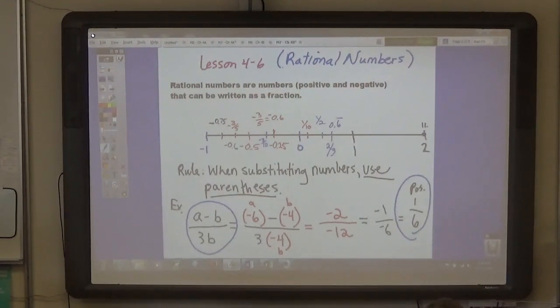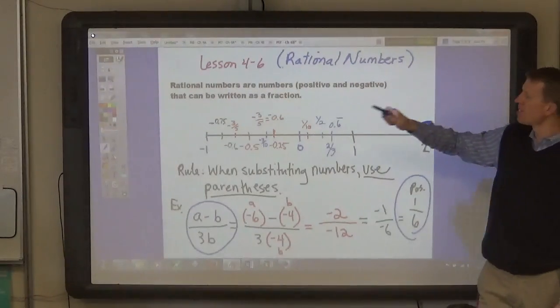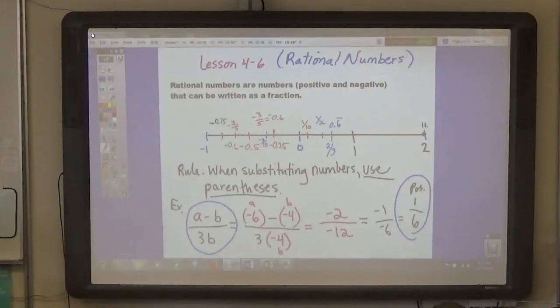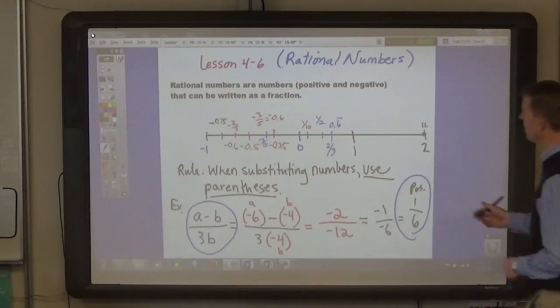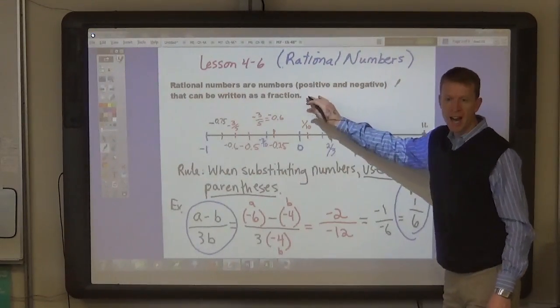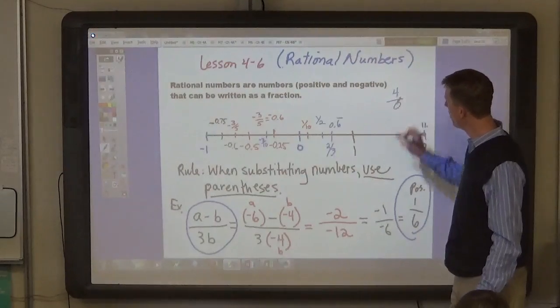Now, the word rational numbers, it means numbers that can be written as a fraction. Okay? You might be thinking, well, can't you write any number as a fraction? Well, for example, numbers that are not rational are any number that has a 0 in the denominator.